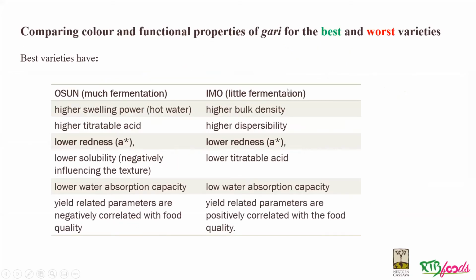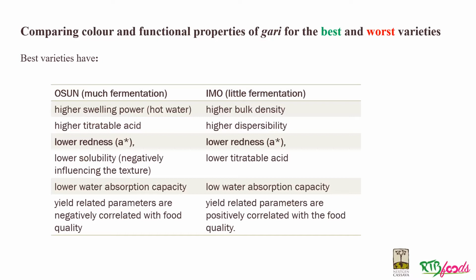If we compare the color and functional properties of the Gari of those best and worst varieties, we came up with these differences. For example, in the high fermentation environment of Osun, the best varieties have higher swelling power.